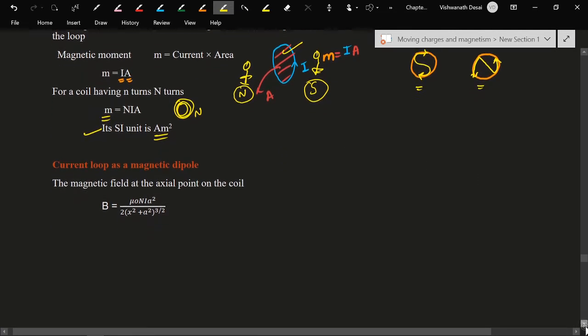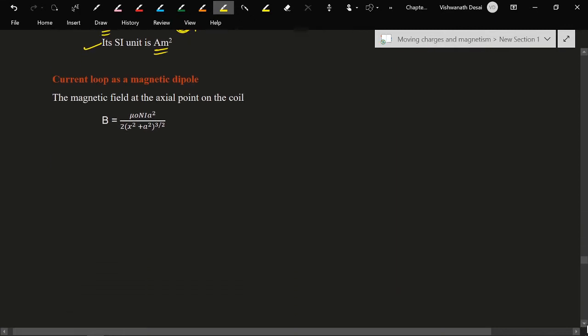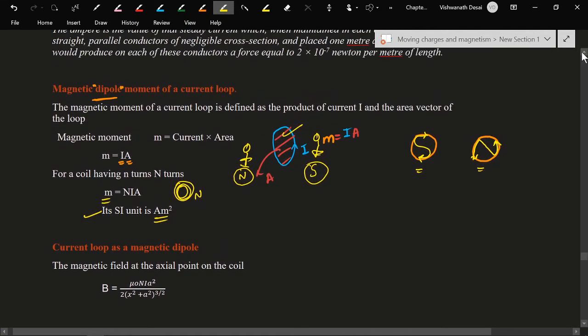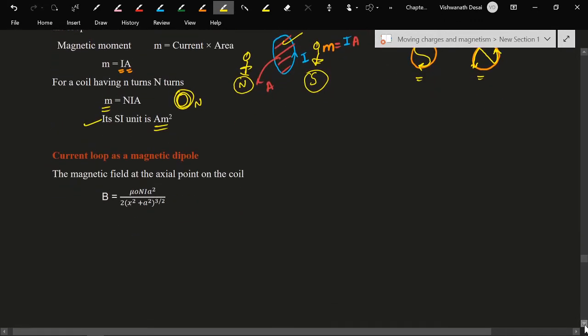The next topic is the current loop as a magnetic dipole. In the previous topic we just stated the definition of the magnetic dipole, which is the product of current and the area vector. But here, is it a magnetic dipole or not?